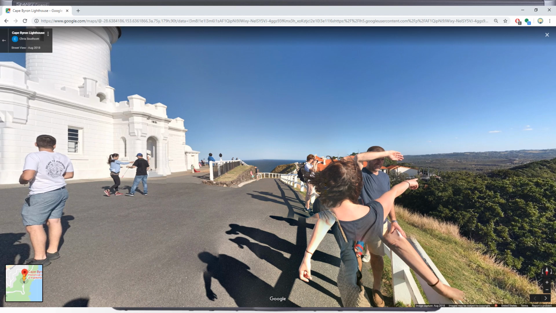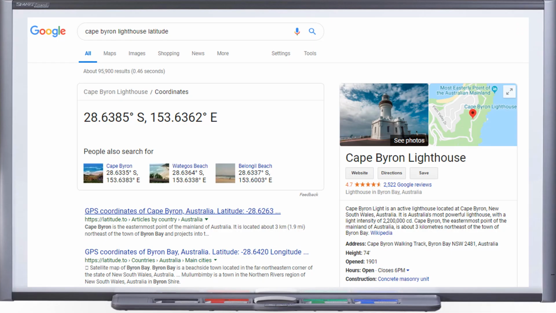There's the lighthouse, and it shows me pointing south. So I surmise from that Critical Think was looking approximately south. That's good. Okay. So where is Cape Byron and the lighthouse? It's right there. The interesting thing we're going to want is how far south is that?